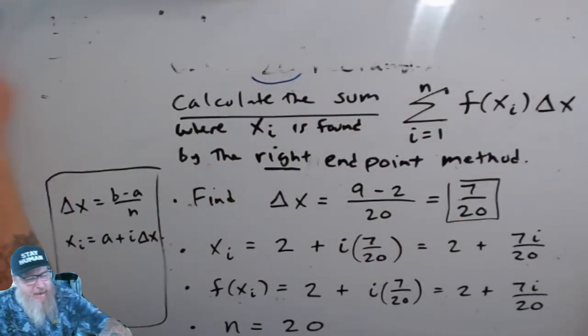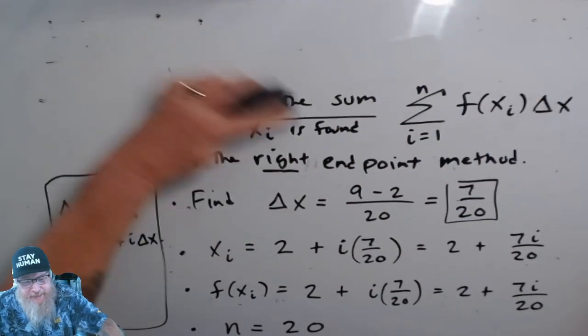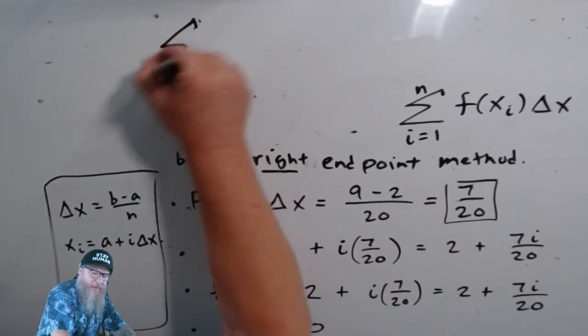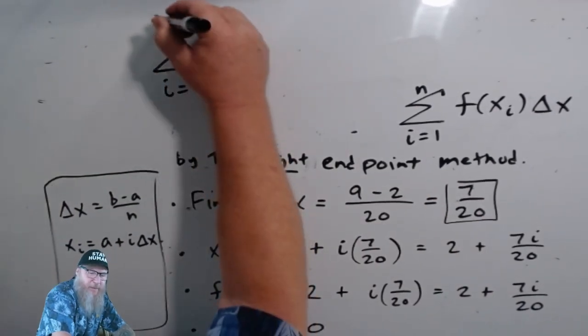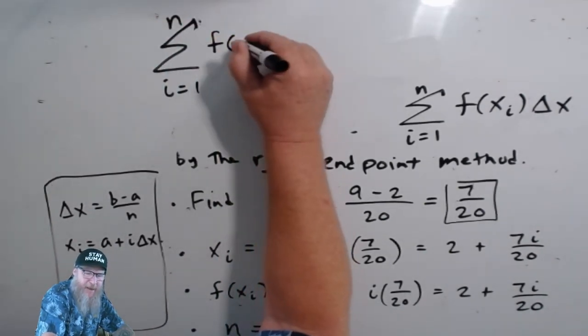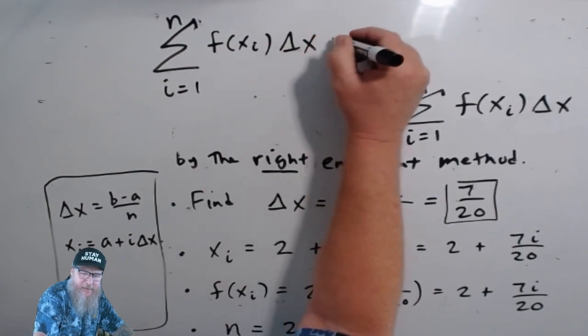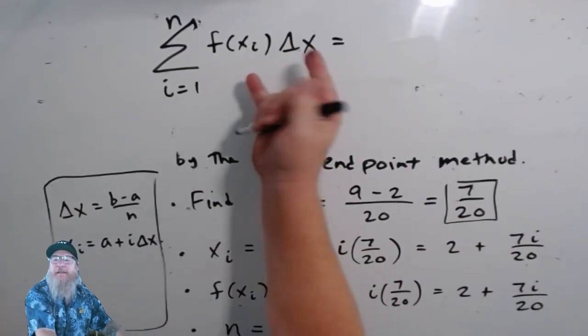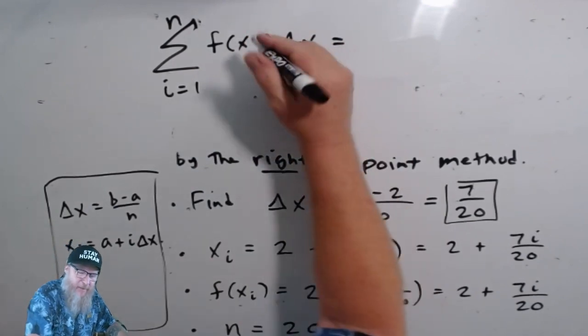All right, and now using the methods we learned last time, let's calculate the sum. The sum from i equals 1 to n of f of xi delta x. Again, the order of these doesn't matter.